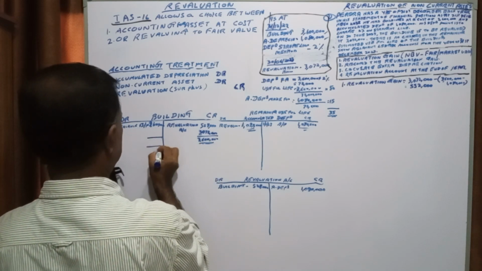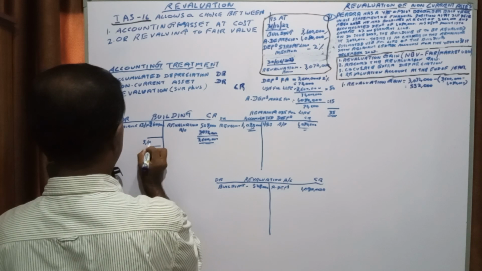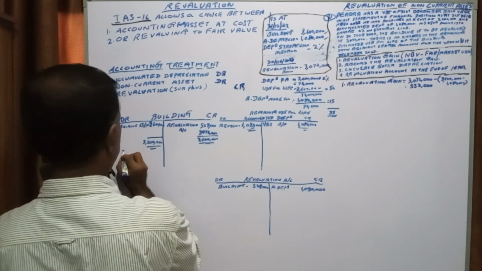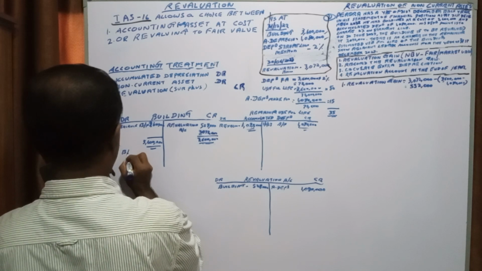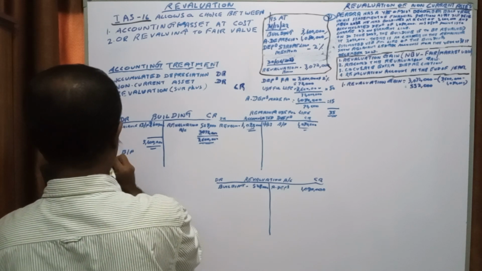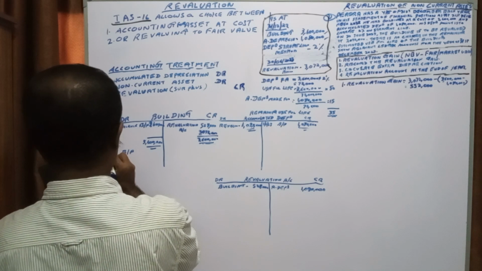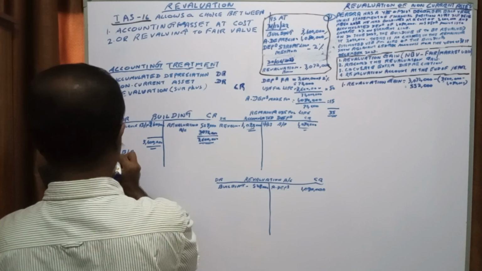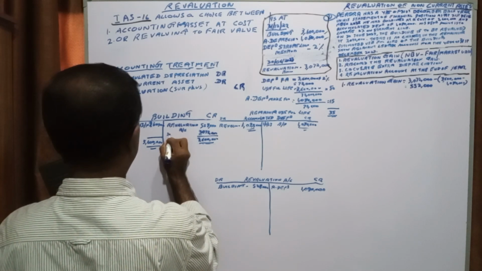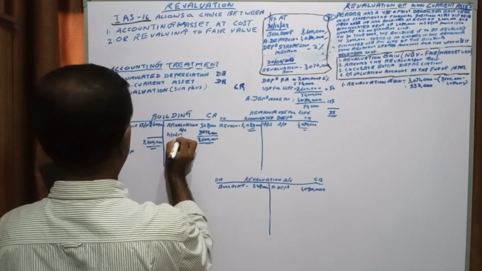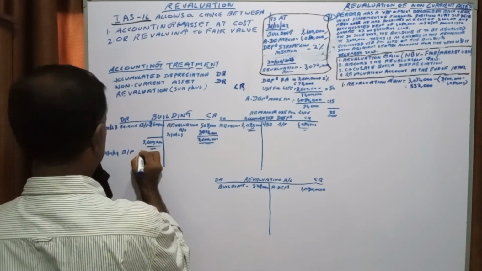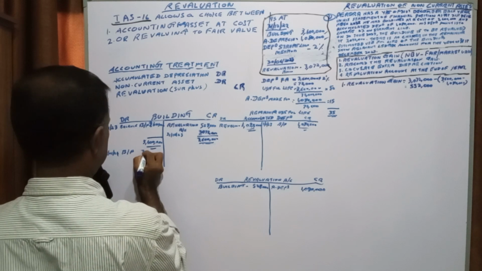Balance brought forward on 1/1/24, this is 31st 12/23. Right. 3 million and 72,000.